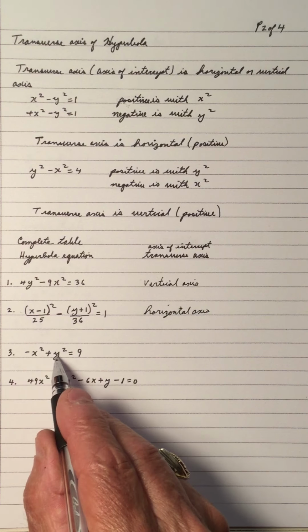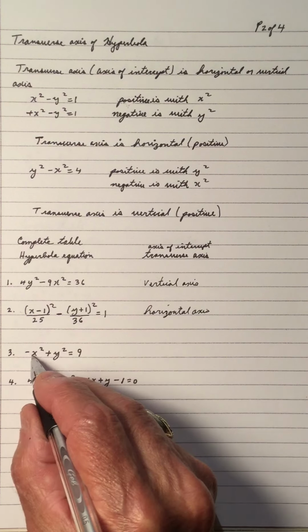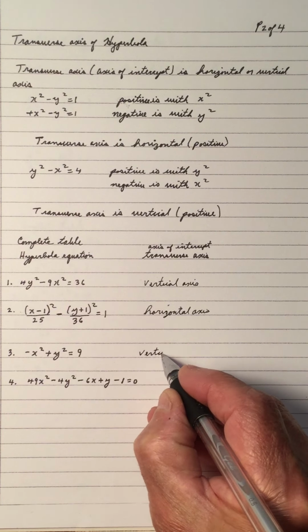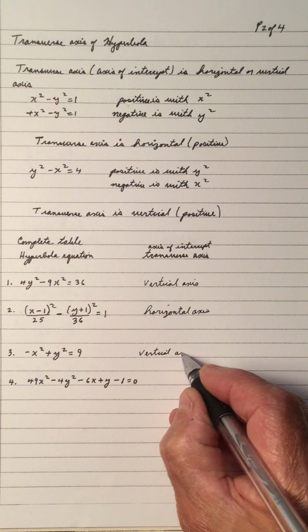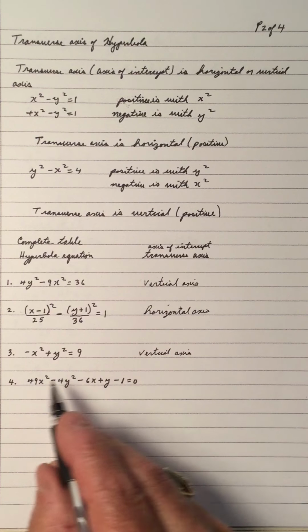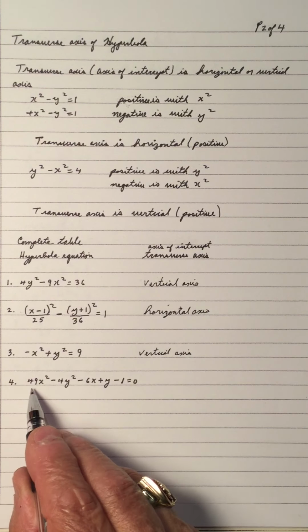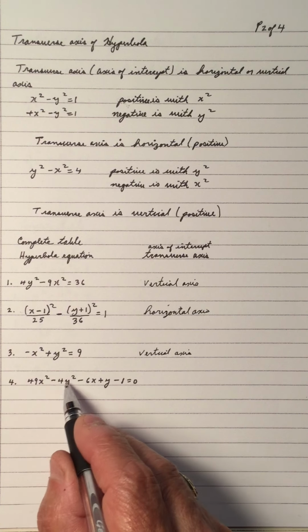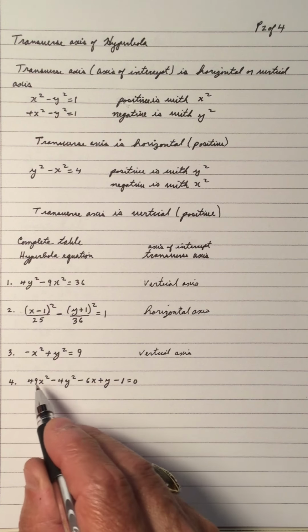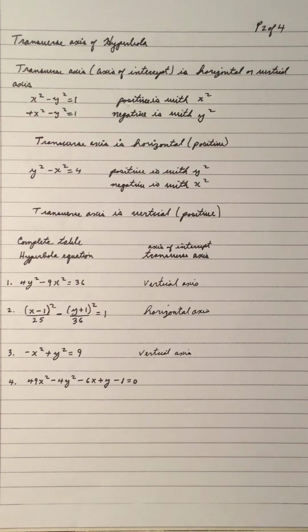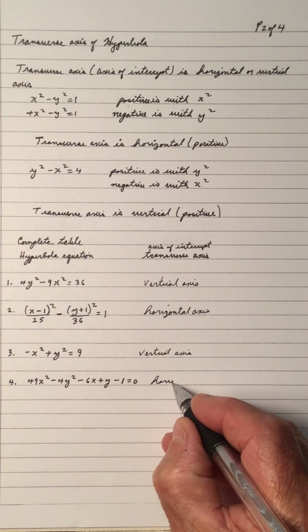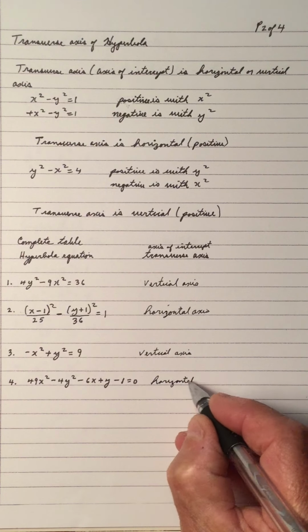The positive is with the y and the negative with the x, so the transverse axis is the vertical axis. And number 4, we have positive 49x squared and negative 4y squared. The negative is with the y, the positive is with the 49x squared, so the transverse axis is the horizontal axis.